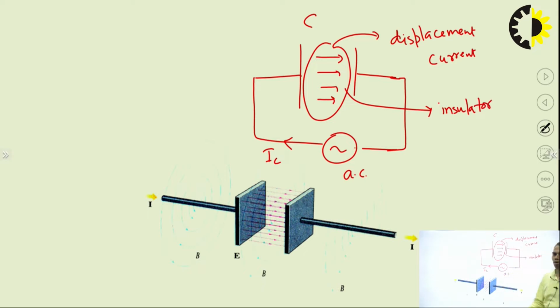Conductor always flow, current always flows in a conductor. So how is it possible?